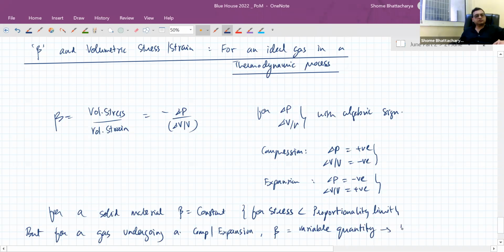It depends on the state of the gas and also on the path. So it's basically a path function because it depends on the path.